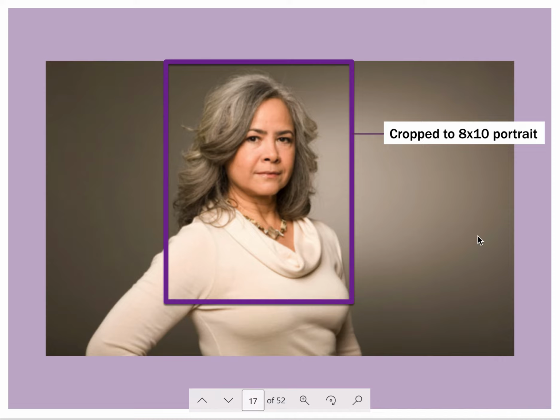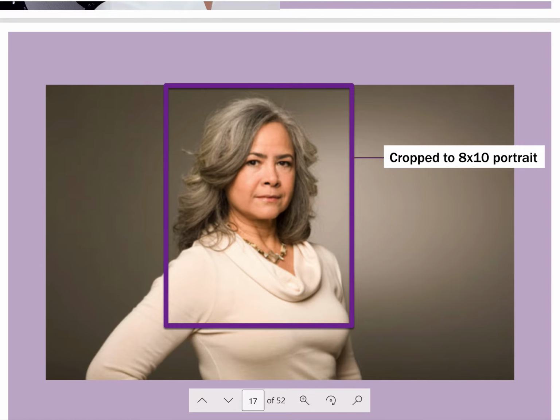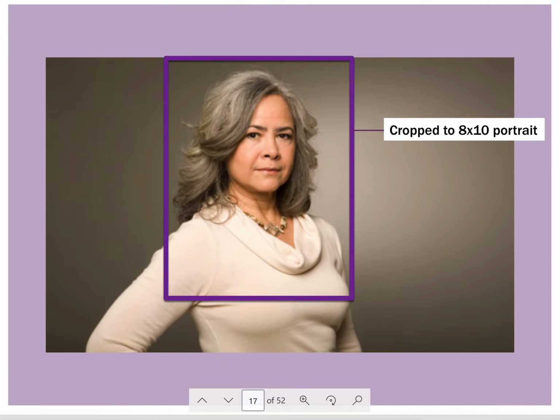Both of these are good. If you take this shot, you can always later crop it. Keep that in mind. You can always crop your shots. So say we took this and this shot, and she wanted to be able to crop it to multiple formats. You can do that with the high resolution that we're shooting at now.